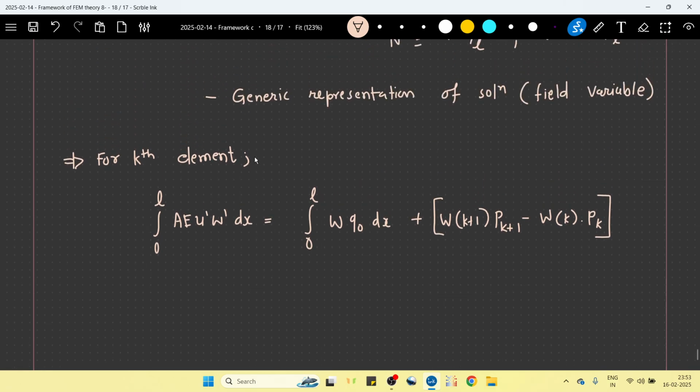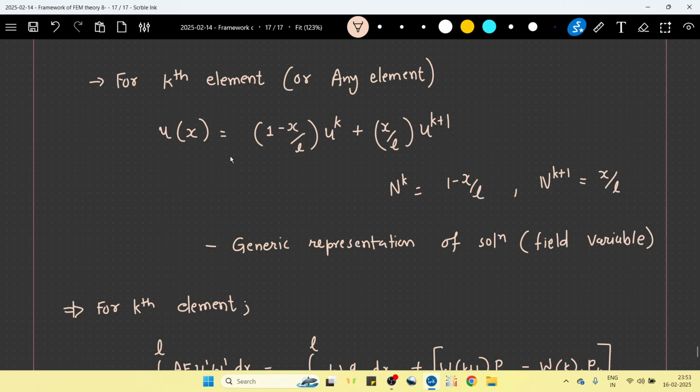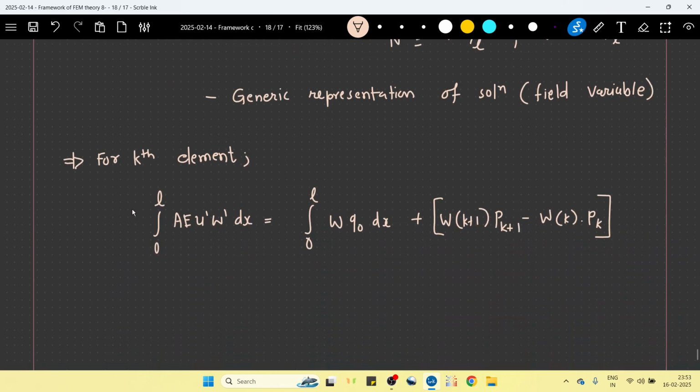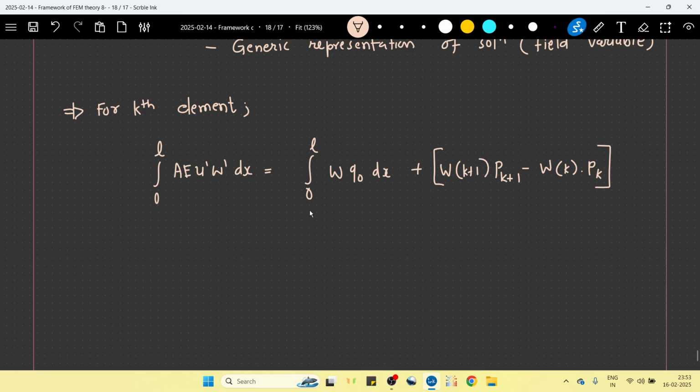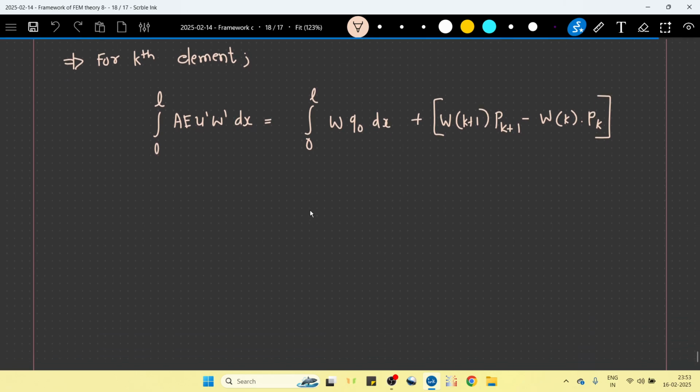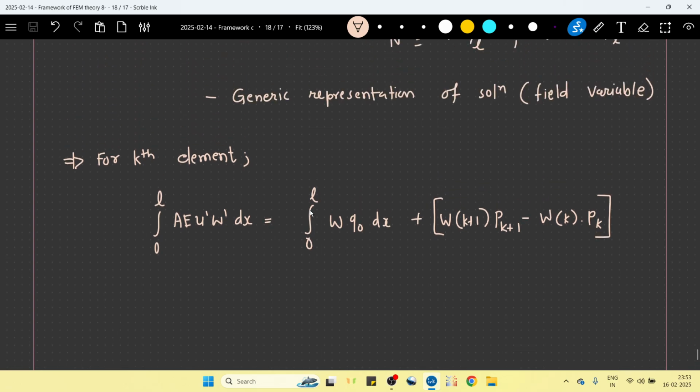Now what we will do is substitute our assumed solution here and find the generic FEA structure for the 1D bar element. We will not put in the boundary conditions because we do not want to find the solution.